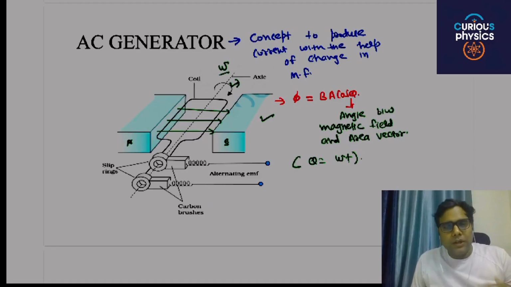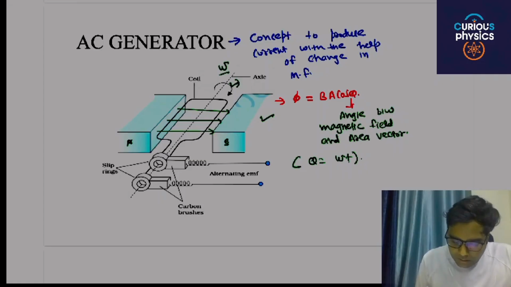When this loop rotates in a constant magnetic field, what will happen? If the loop is rotating at a constant speed, then the angle between the magnetic field and area vector is constantly changing. If theta is changing with respect to time, the magnetic flux will change.